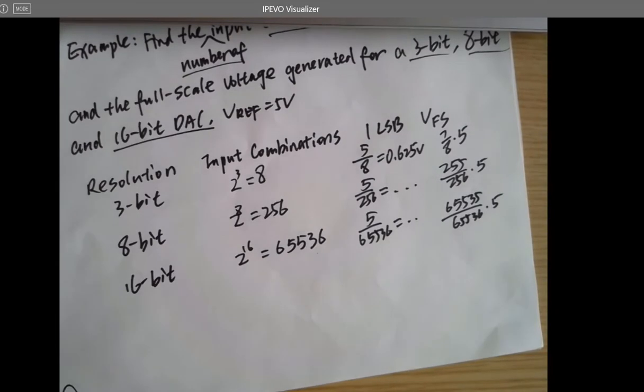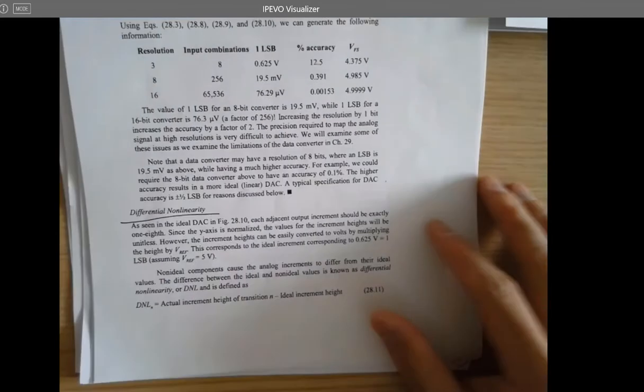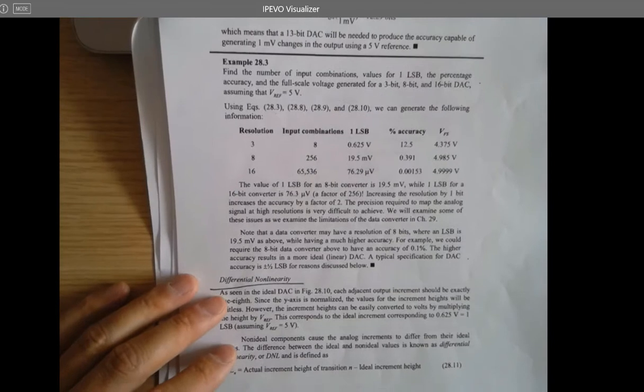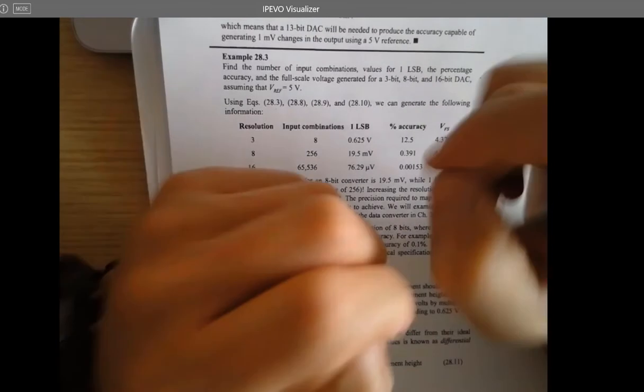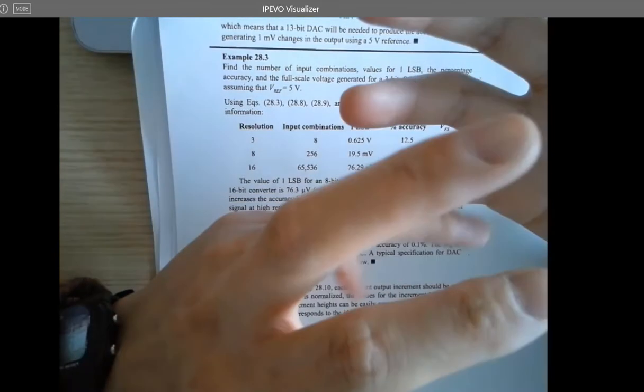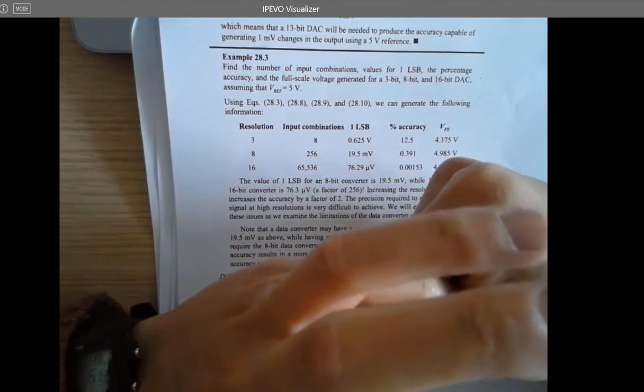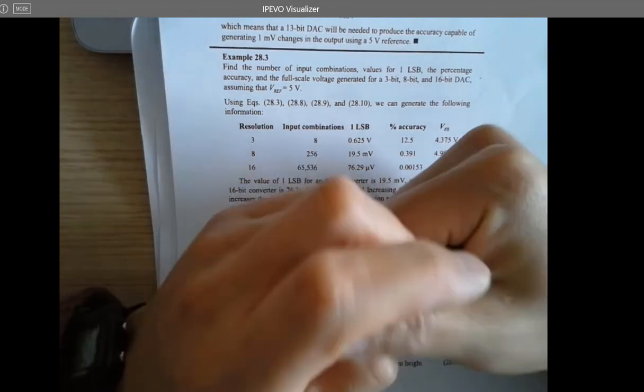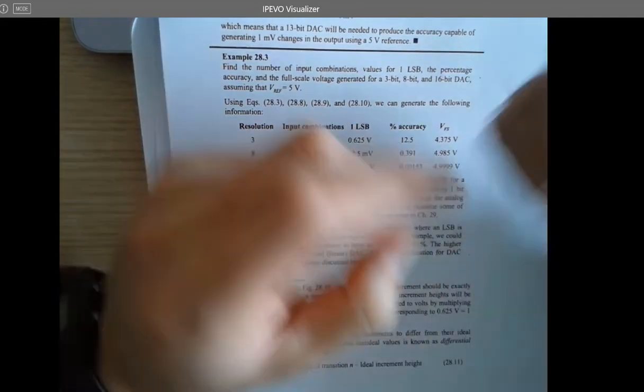These are the printed pages from the textbook, and these are concepts you need to know in order to do the homework assignments, right? So the first one is called DNL. We are trying to evaluate the quality or the performance of the DACs or ADCs. You want to know the DNL or INL, gain error, offset error, all these kinds of things.